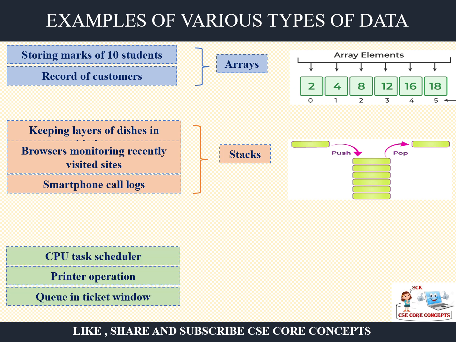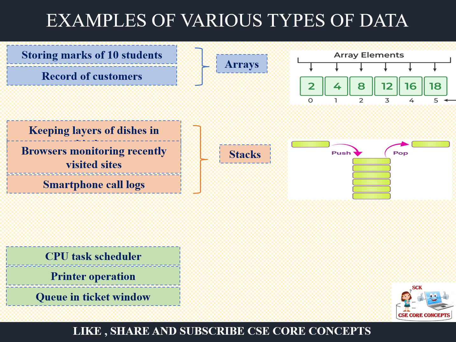Then comes another type of data, such as if you are using an operating system and you want to schedule tasks one after the other. Or, a simple example: if you are standing at a ticket window, how would you stand? The last person who comes will join the line at the end, not in the front, whereas in the case of a stack, the last one which comes is at the top.